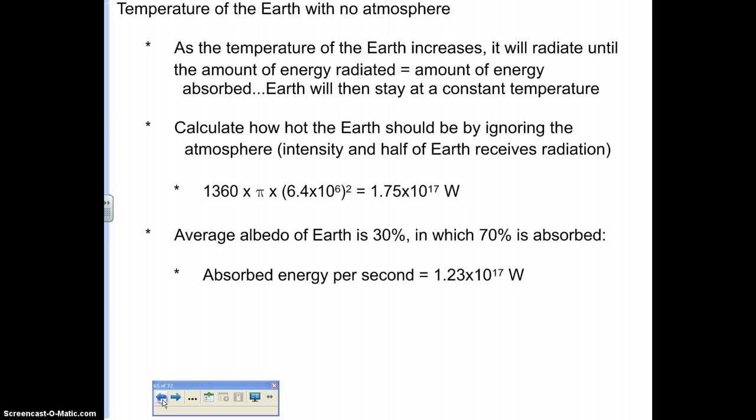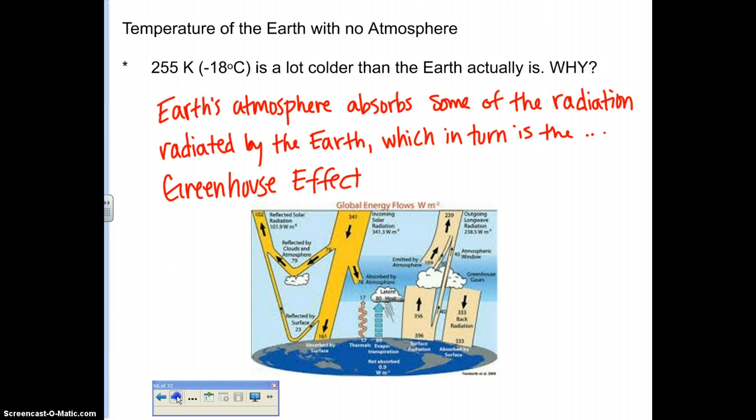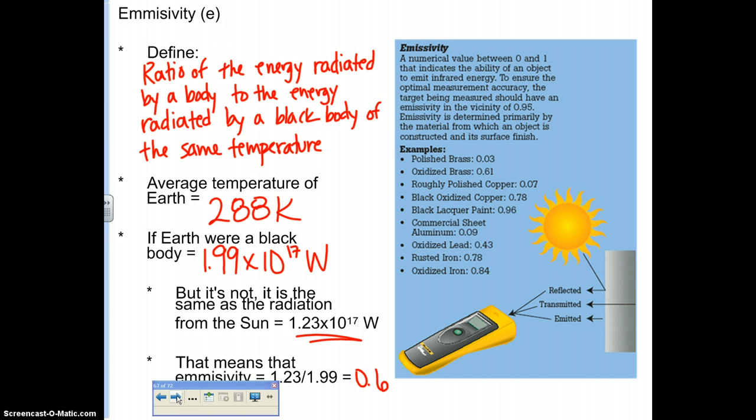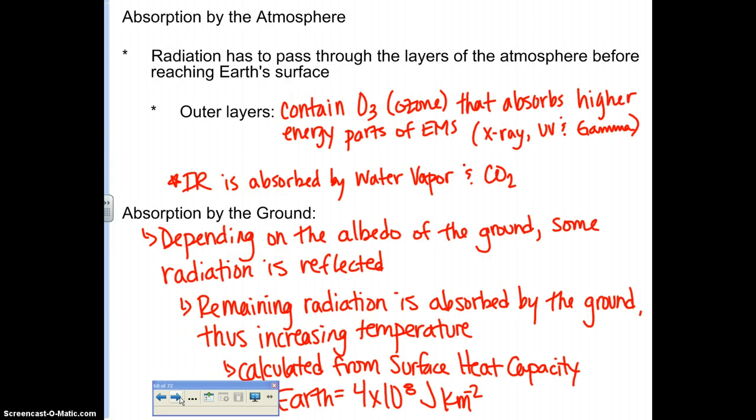We see back here that we are at 1.23 times 10 to the 17th watts. So therefore, emissivity would be 1.23 divided by 1.99. So we have an emissivity of 0.6. The chart on the right shows you some others for some common metals.